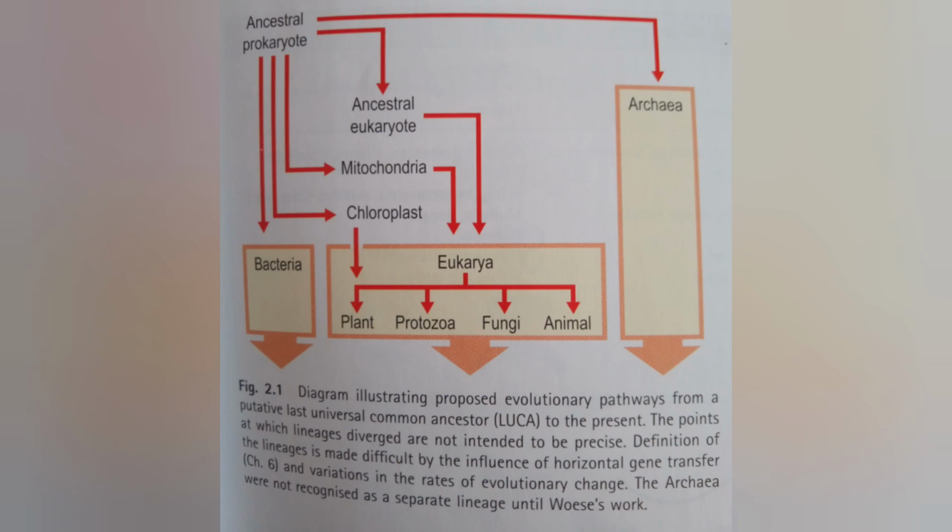As we know, according to the symbiotic theory, prokaryotes basically formed the eukaryotes. In the symbiotic theory, mitochondria and chloroplasts were in the past living inside the cell of another organism.